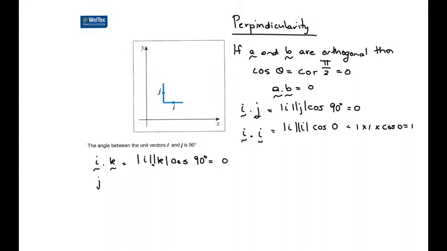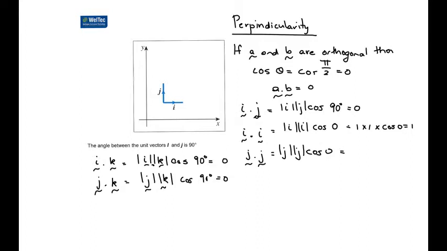Let's have a look between j and k. It would be the length of j times the length of k times the cosine of the angle between them, which would again be 90, which would be 0. Let's look at j dot j. It'd be the length of j times the length of j times the cosine of the angle between them, which is 0, so that would be 1. And lastly, let's have a look at k dot k, so it would be 1 also.